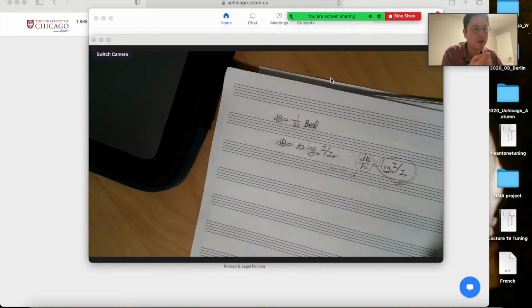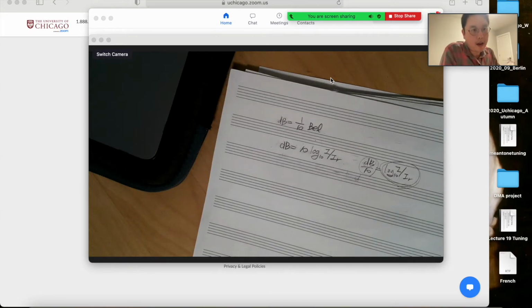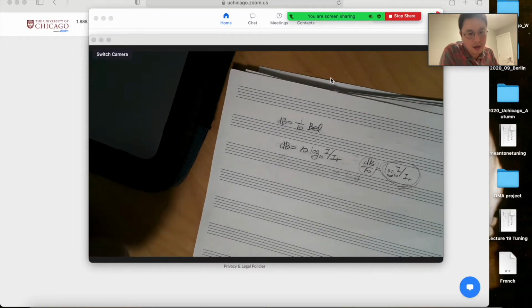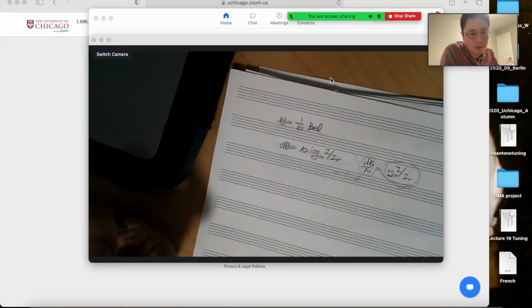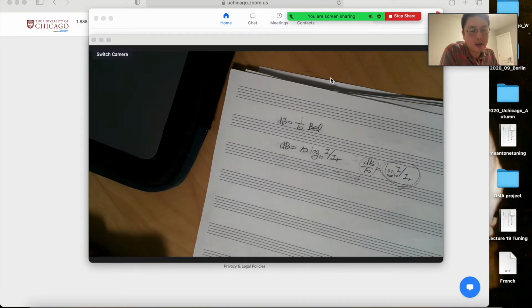So by using the decibel, you can more meticulously adjust and measure the sound intensity level. And decibel is good to use because it is close to the smallest amount of intensity change that our ear can detect, which is called a just noticeable difference.